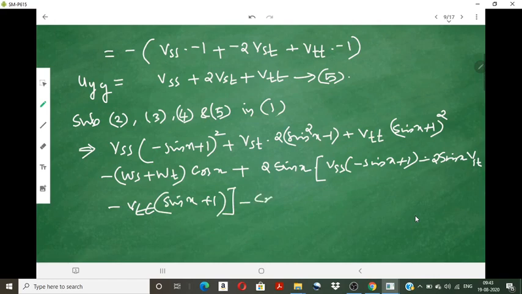Now minus cos square x into Uyy. What is Uyy? Uyy is Vss plus 2 Vst plus Vtt. Then the last term is minus cos x into Uy. What is Uy?